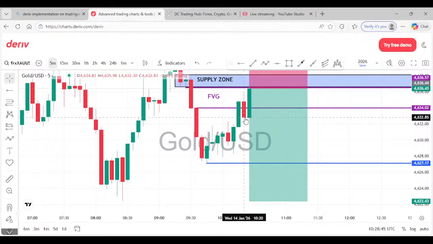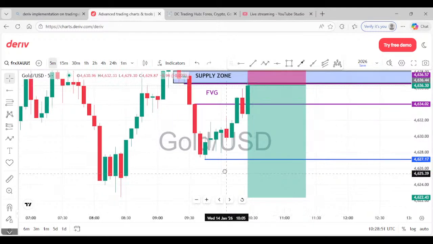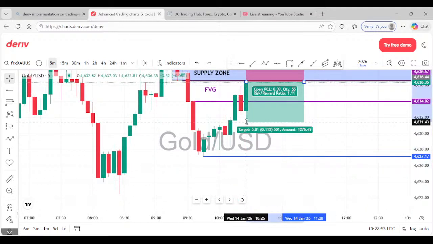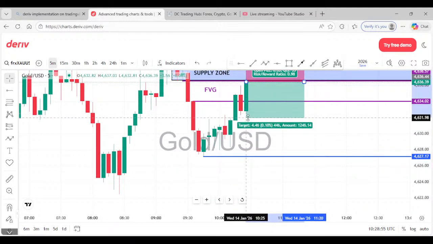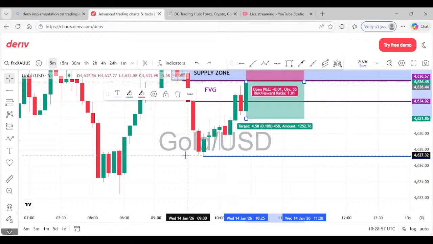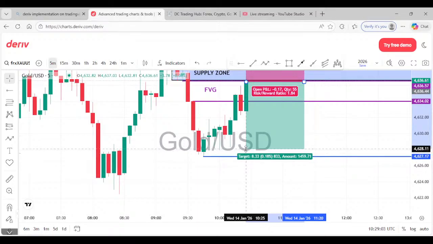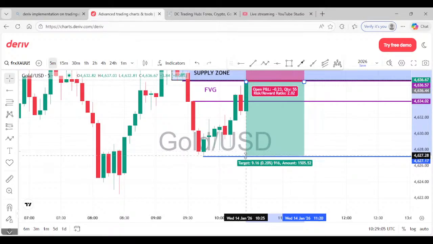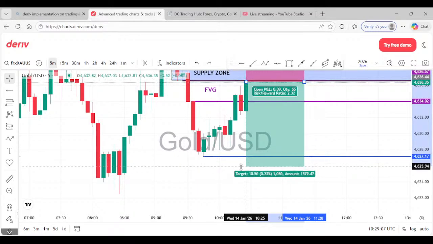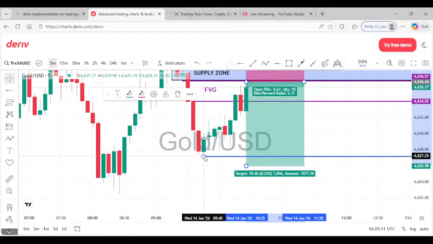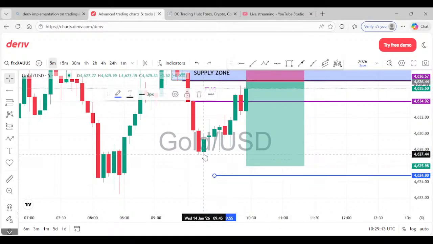Yeah, that's the first TP. TP2, 4620. TP1, 1:1, is 4630. Then 4625. Yeah, so those are our targets.